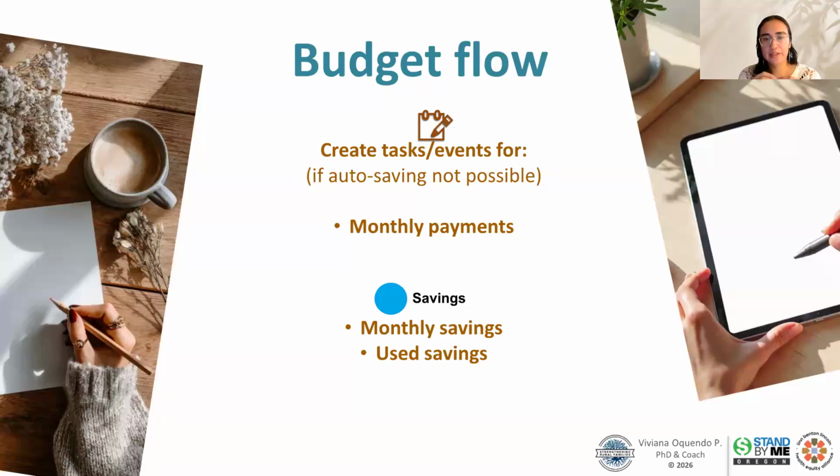So be really mindful of every time that you spend something that is from savings, remember to have this task or reminder or something, or just in the mind the logic of if I use money that was from the savings, I need to update the balances, wherever I have those balances.